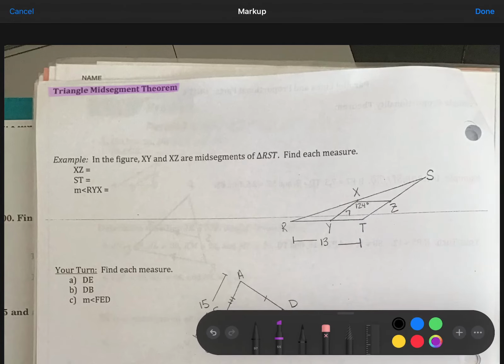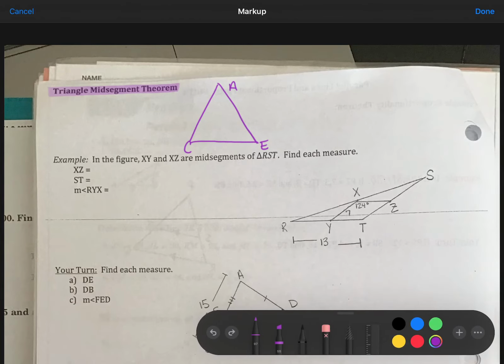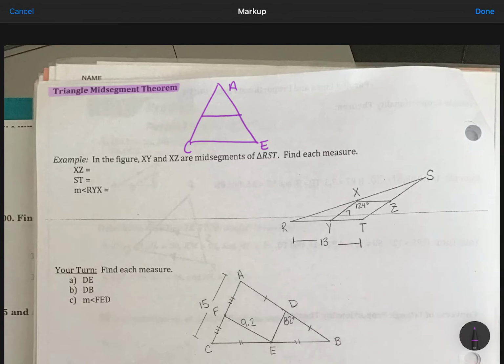All right, and so what we have here is a triangle. I'm going to call this triangle ACE. And I'm going to draw a midsegment. A midsegment connects the two midpoints of two sides of a triangle.